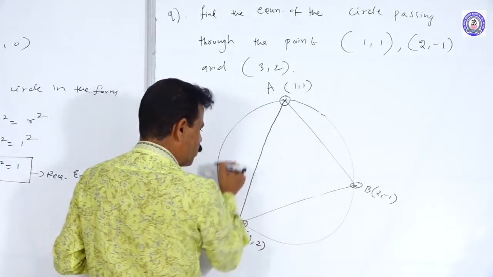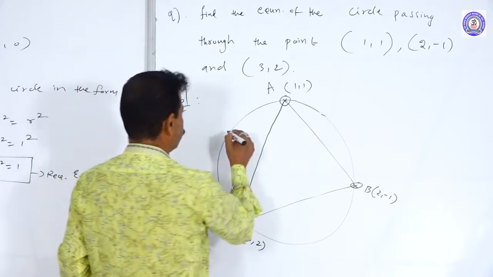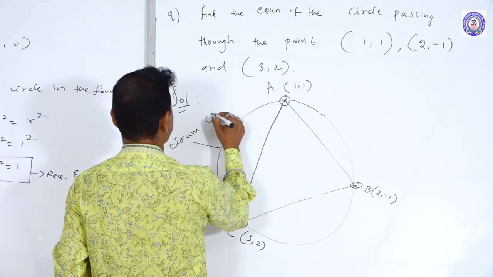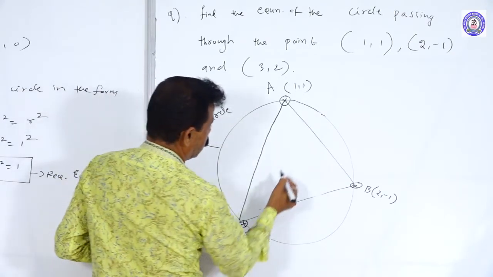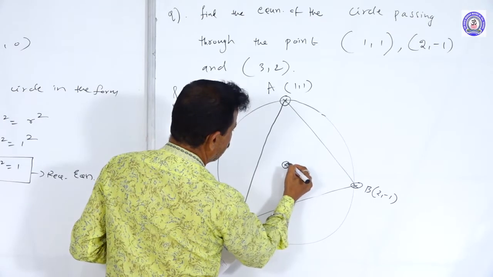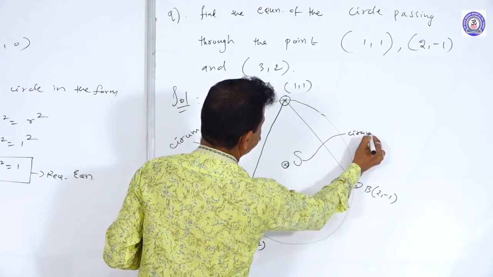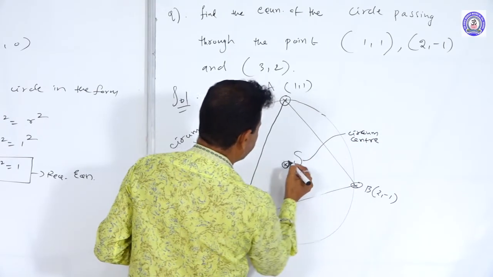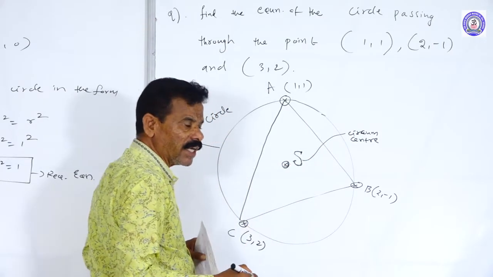The circle passes through the ABC points. It is called the circumcircle. Here, this is the circumcenter. S is called the circumcenter. It is denoted by capital S. It is the circumcenter.